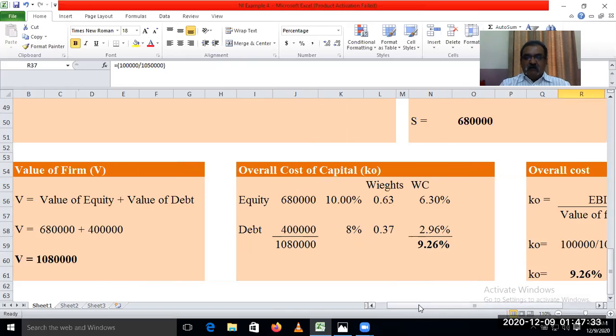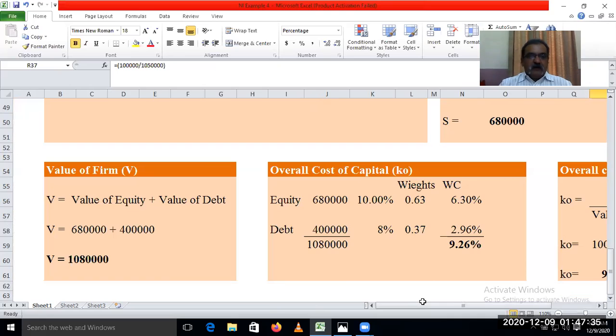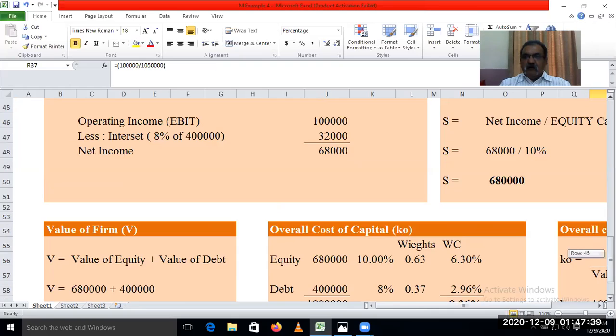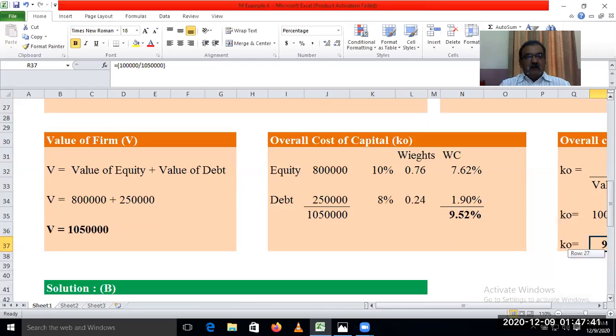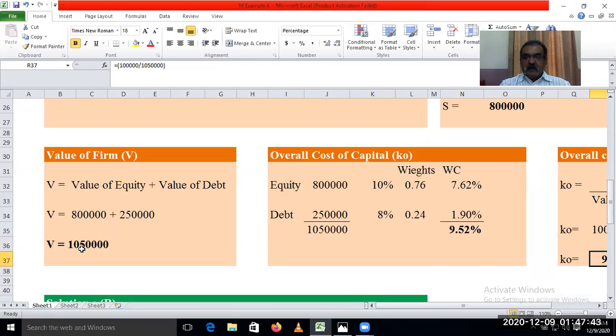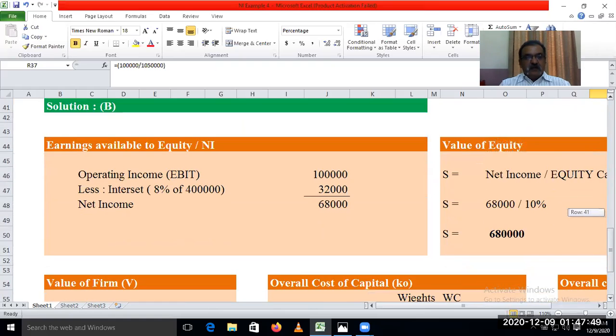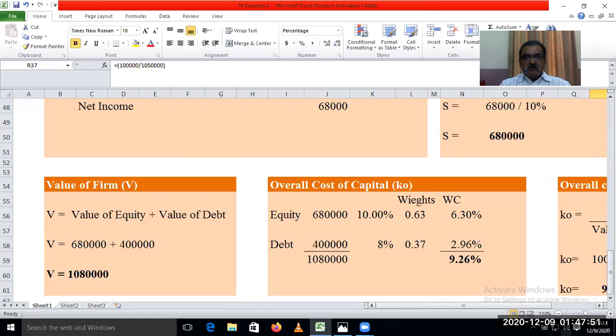So here we have calculated the value of firm and overall cost of capital under two different situations. When the amount of debenture was rupees 2,50,000, the value of firm was 10,50,000 and overall cost was 9.52%. As the amount of debenture has increased from 2,50,000 to 4 lakhs, value of firm is now 10,80,000, which has increased, and overall cost of capital is 9.26%, which has decreased.